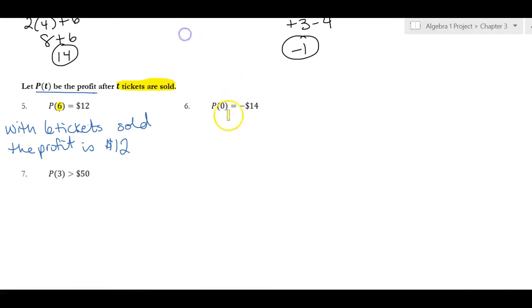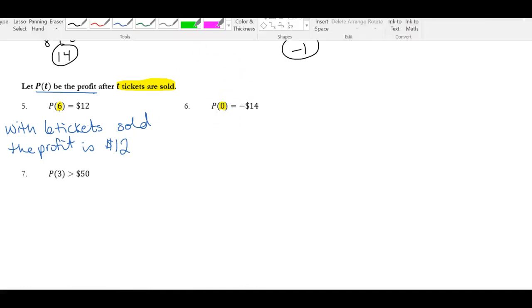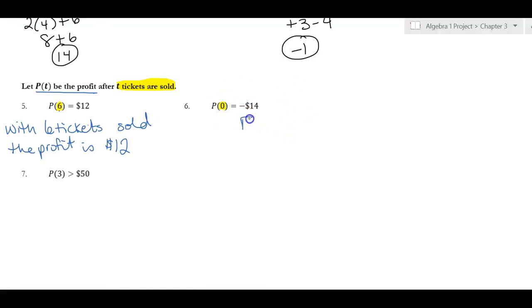For the next one, for 0 tickets sold, so for no tickets sold, the profit is negative $14.